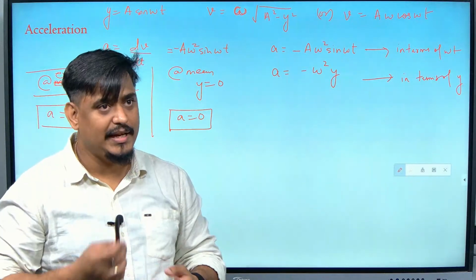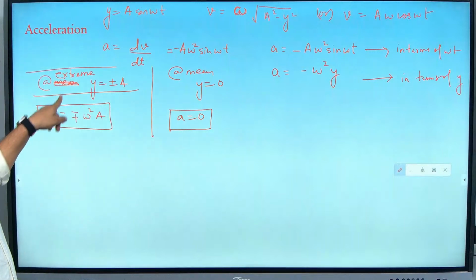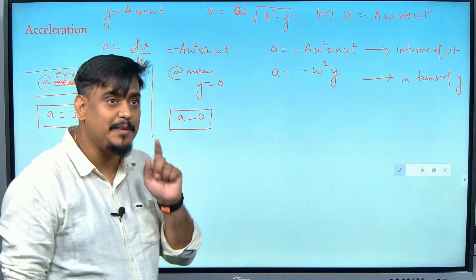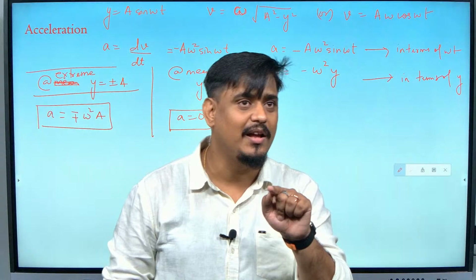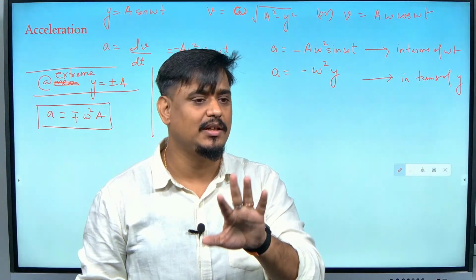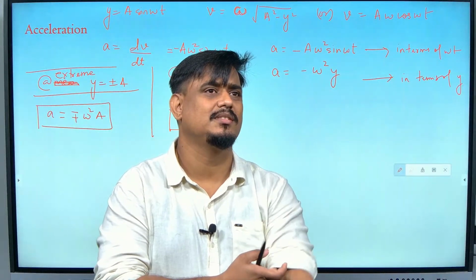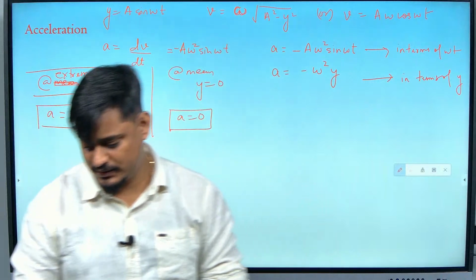Yes, sir. In this derivation, at mean we are getting 0, at extreme we are getting plus or minus omega square a. It means wherever the velocity is 0, acceleration is maximum. Wherever acceleration is maximum, velocity is 0. Are you getting my point? Yes, sir. That's what I told, nothing else.